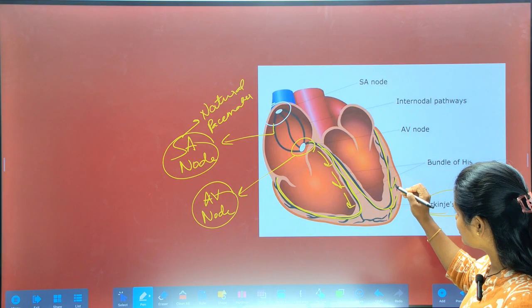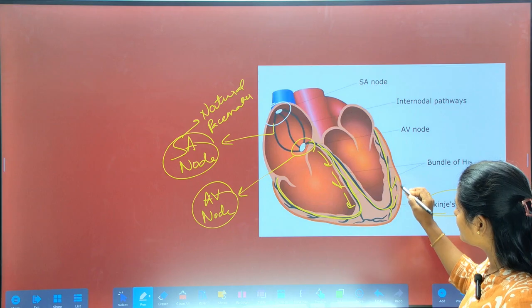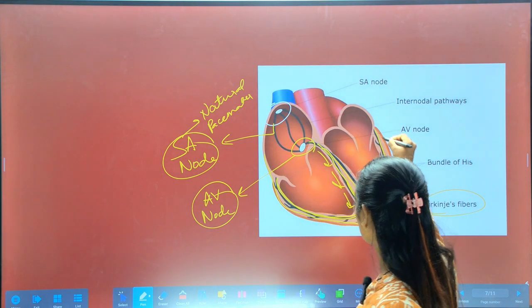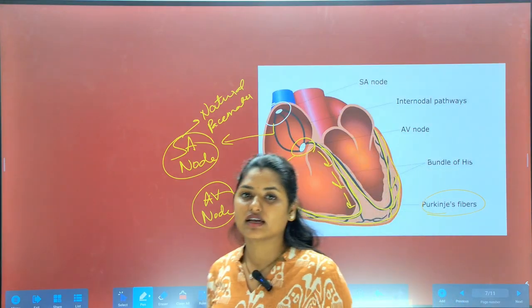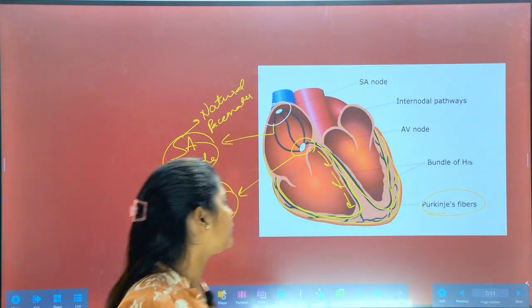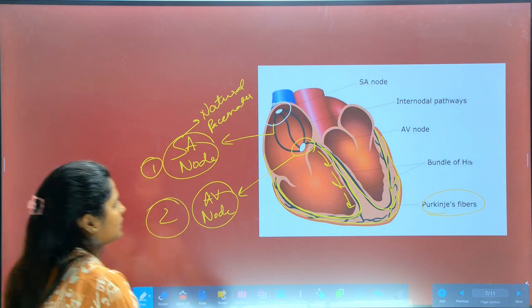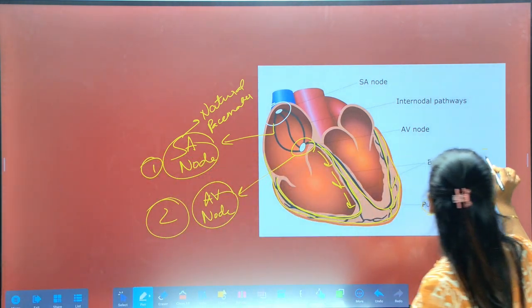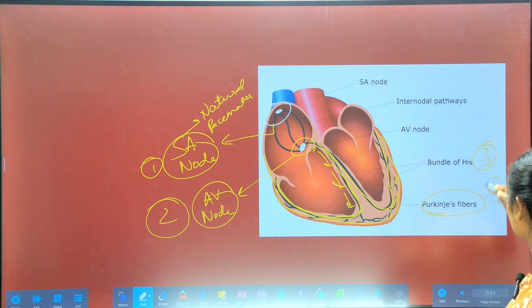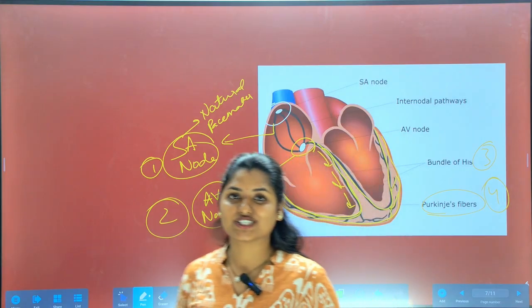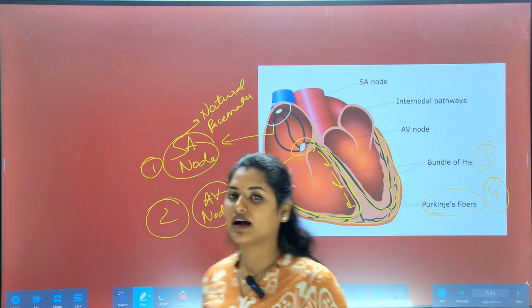From here it will also give electrical signals to the inside of the heart. So overall, we get electrical impulses with the help of the SA node, AV node, bundle of His and Purkinje fibers. These four are very important for transferring signals in the heart.